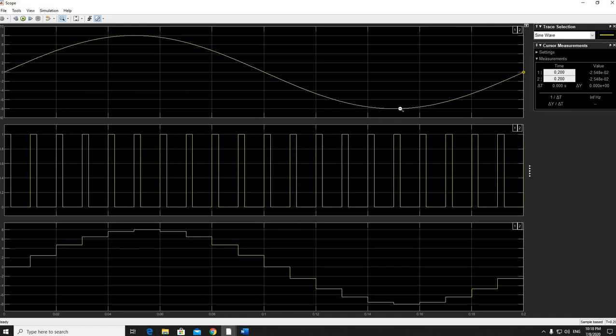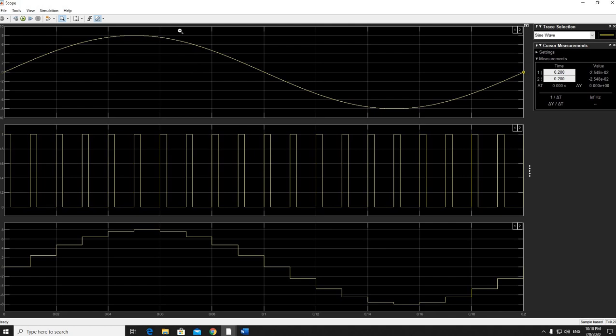The minimum is -8 and the maximum is 8. So the first level is between -8 and -6, then the second level is -6 to -4, and it goes up: -4 to -2, -2 to 0, 0 to 2, 2 to 4, 4 to 6, and 6 to 8.